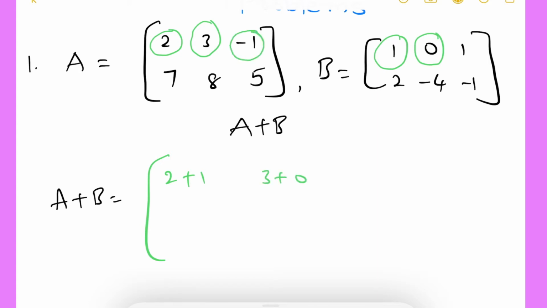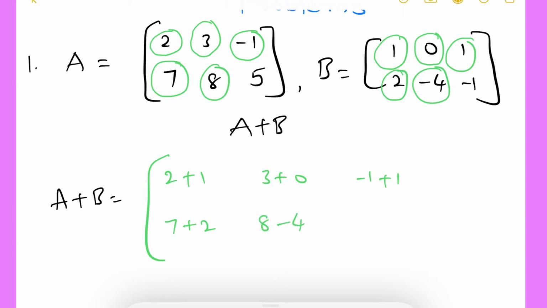First row third column, minus 1 plus 1. Then second row first column, 7 plus 2. Second row second column, 8 minus 4. Second row third column, 5 minus 1.